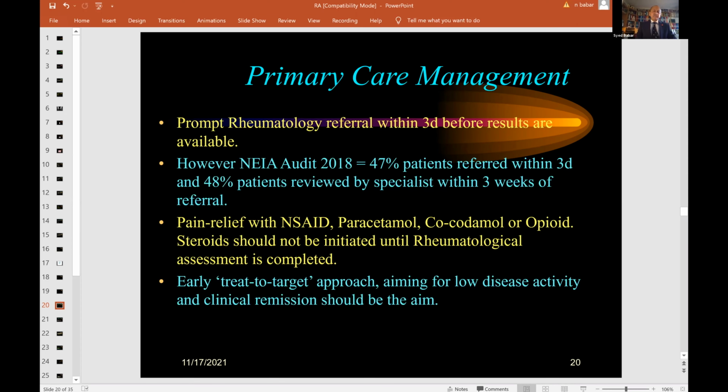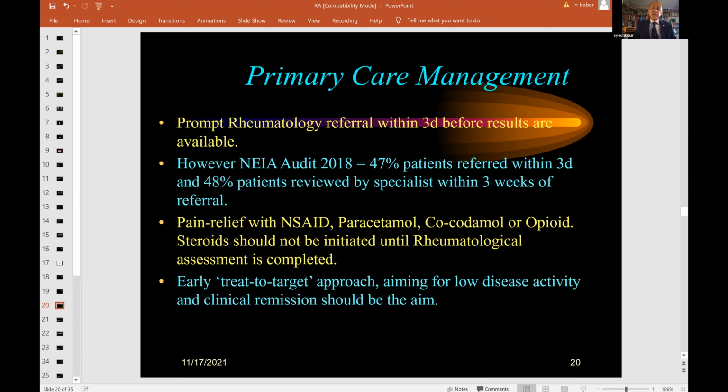But a national audit was undertaken of the response of the guidance given to the primary care. So this is the National Early Inflammatory Arthritis Audit 3 years ago, which showed that despite all the guidance and information, only 47% patients were referred by the primary care within 3 days.